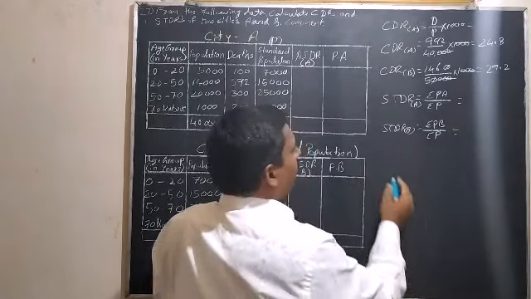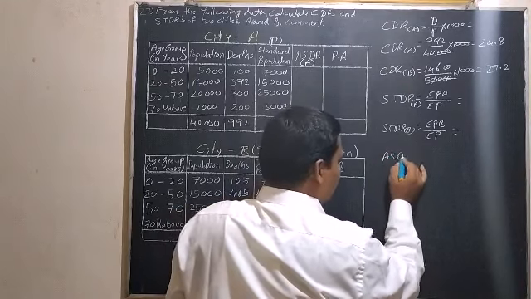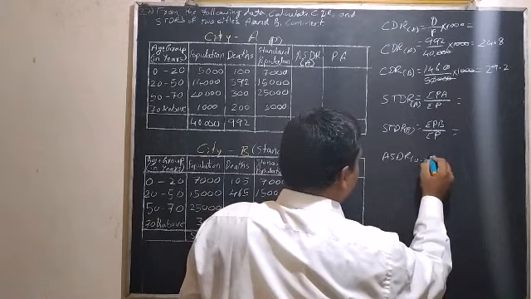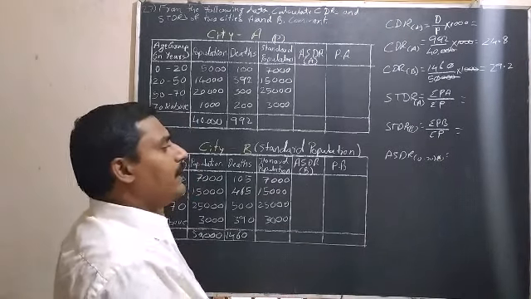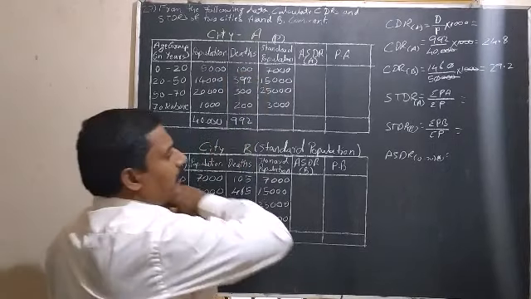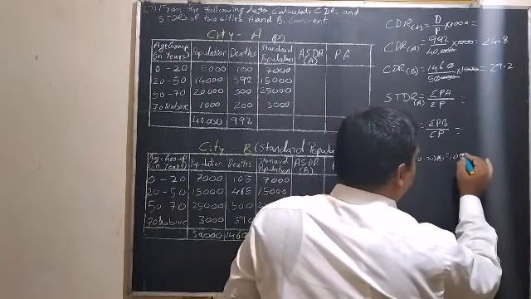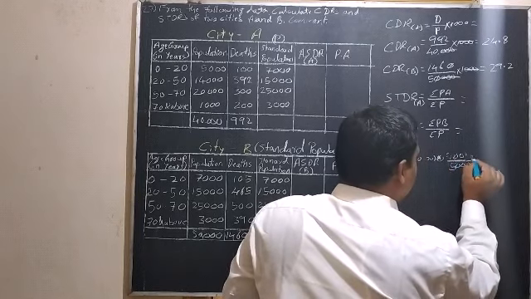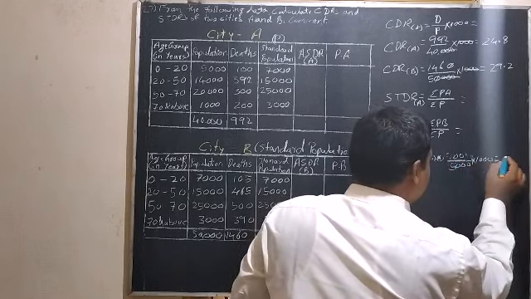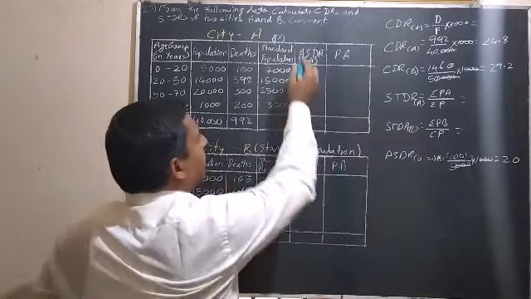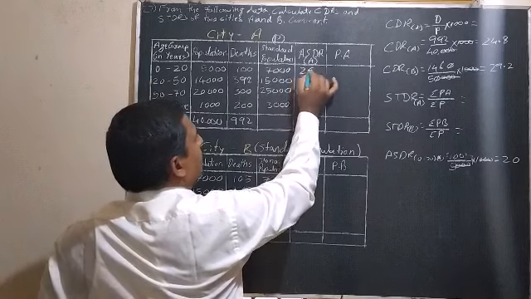For P, I will calculate ASDR here for the age group 0 to 20 for location A. So total deaths are 100 divided by 5000, 100 divided by 5000 into 1000 is equal to 20. So ASDR for the first age group is 20.